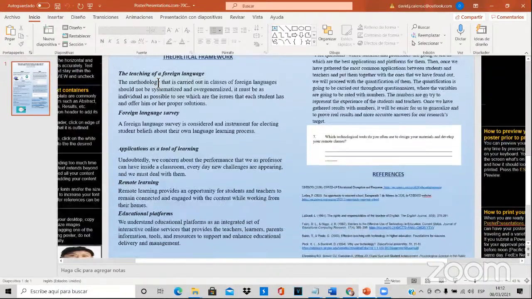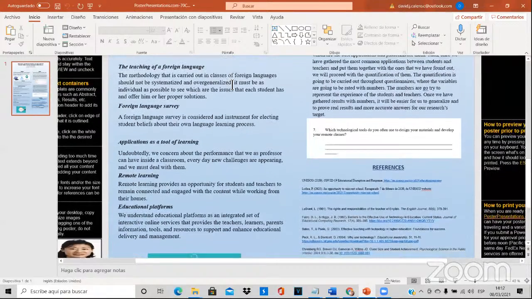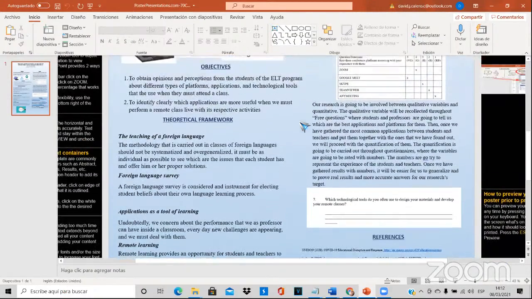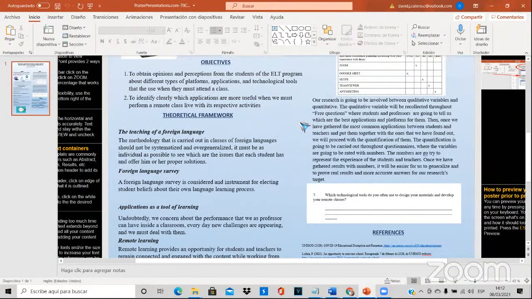I'm not going to read it in detail, but the things that we are taking into account in our research: first, the teaching of the foreign language as our main purpose. First is to develop our research in an environment of a second language program. So that is why we want to focus these applications on the teaching of a foreign language.